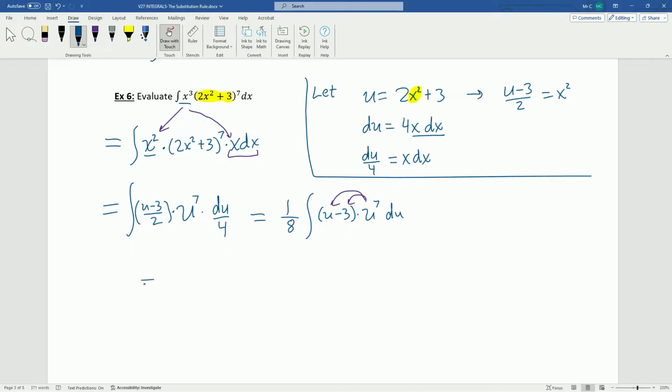And then this becomes 1/8 times the integral of u to the 8th minus 3u to the 7th du. And now we've got something pretty manageable, right? 1/8 times u to the 9th divided by 9 minus 3 times u to the 8th divided by 8, plus c.